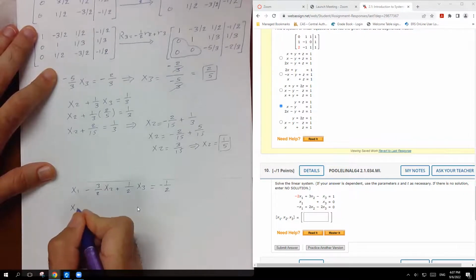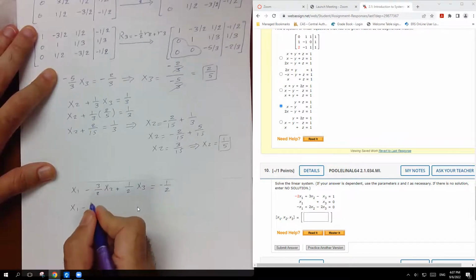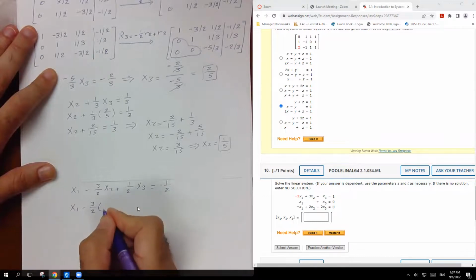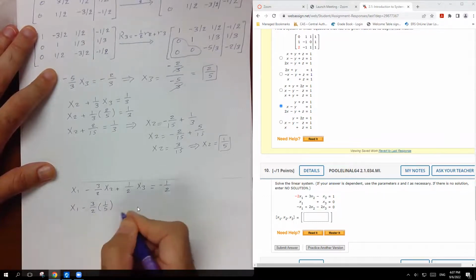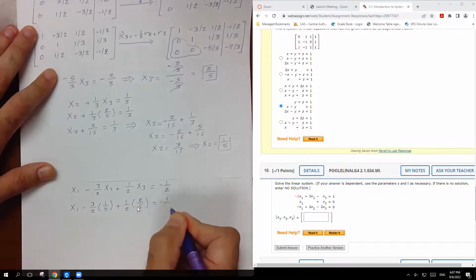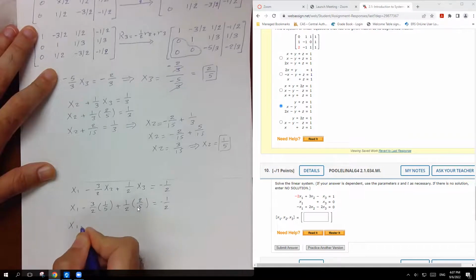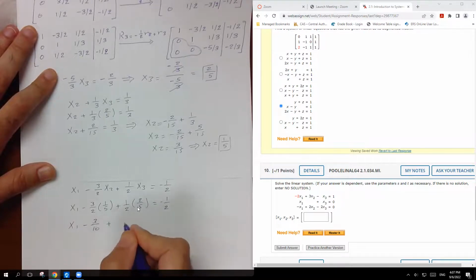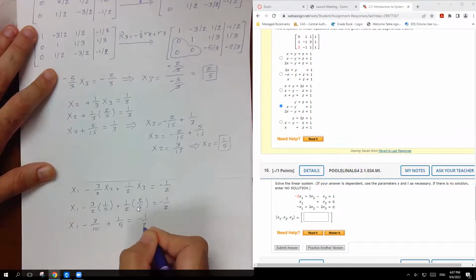Then x1 minus 3 over 2 x2, which is 1 over 5, plus 1 over 2 x3, which is 2 over 5, equal negative 1 over 2. That means x1 minus 3 over 10 plus 1 over 5 equal negative 1 over 2.